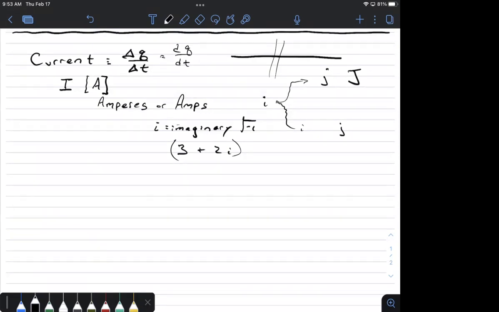And so this is another slight point of confusion, because Benjamin Franklin, who was the first person to really study this in detail, said, look, I have to choose one of these. He chose the protons. He said, look, if we're talking about current flowing through wires, then it's the positive charges flowing through the wires, which causes electricity.